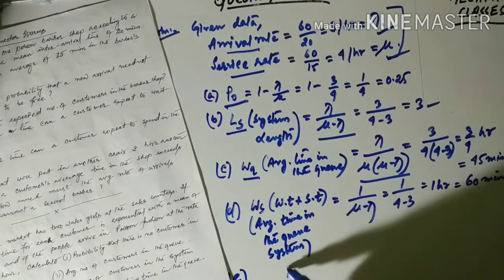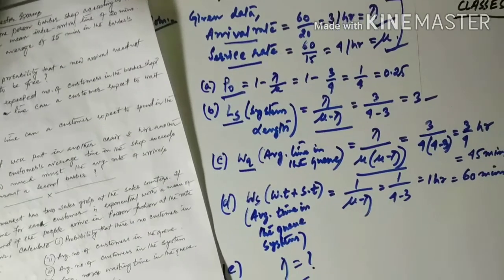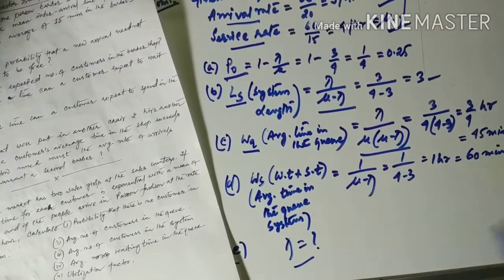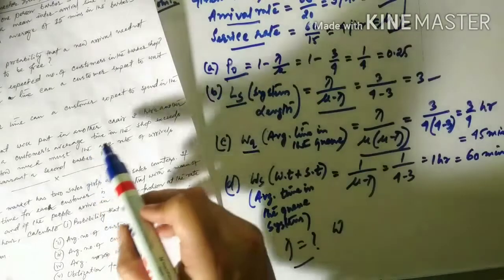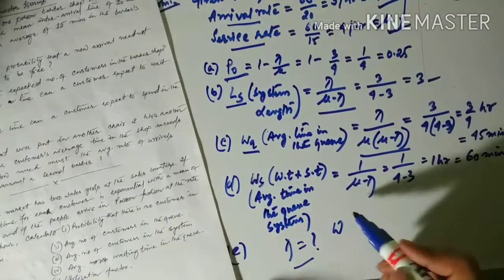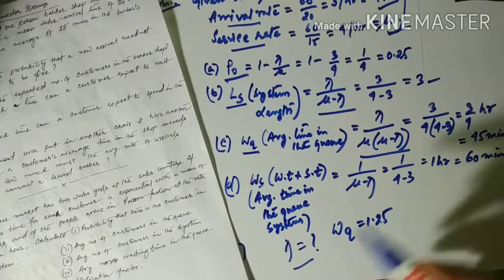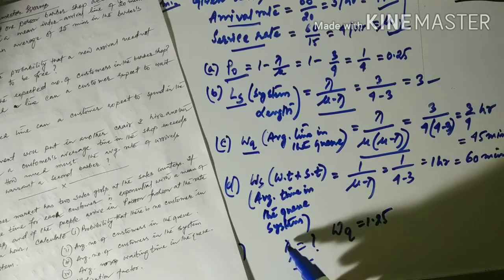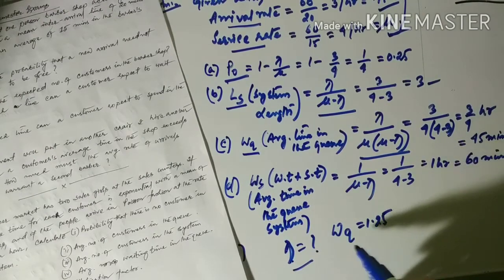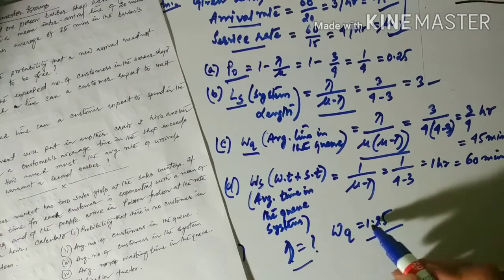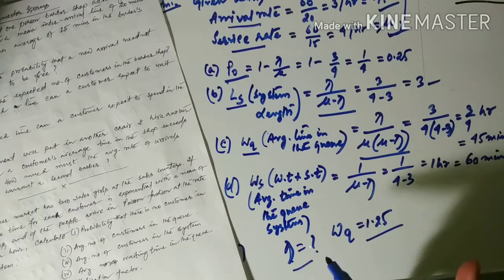We don't know what lambda is here, we have to calculate it. Average time in the shop means Wq only. So Wq equals 1.25 hours, as given. If Wq exceeds this value, management decides to put in another chair and hire another barber.